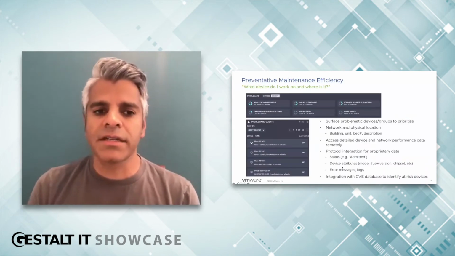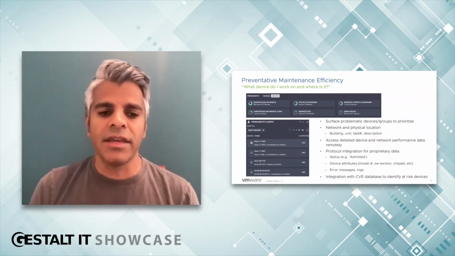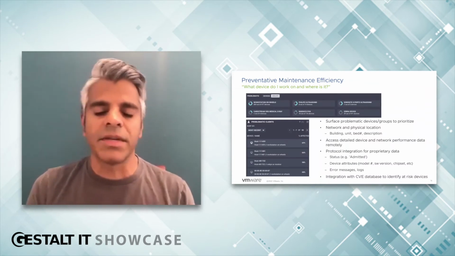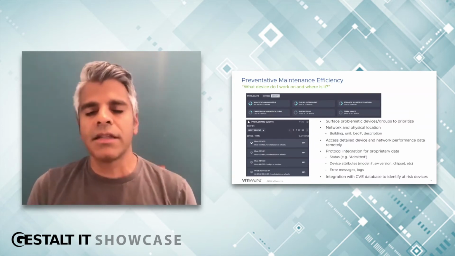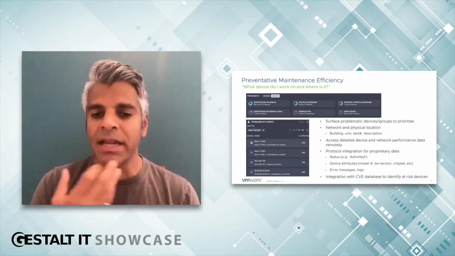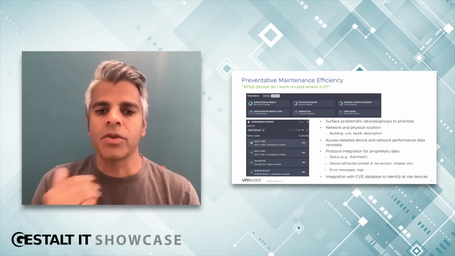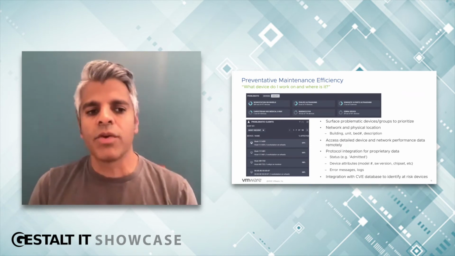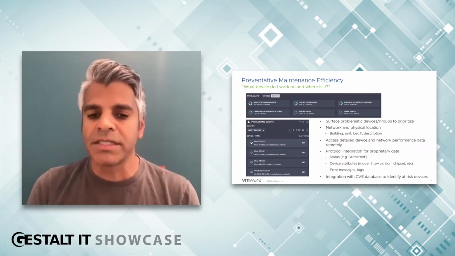The next aspect is enabling IT to be proactive. It's one thing for something to go down and somebody to complain about it, calling in and saying that there's a problem. It's another thing for a system to automatically learn patterns where devices are having problems over and over again, whether from a security or a performance standpoint.